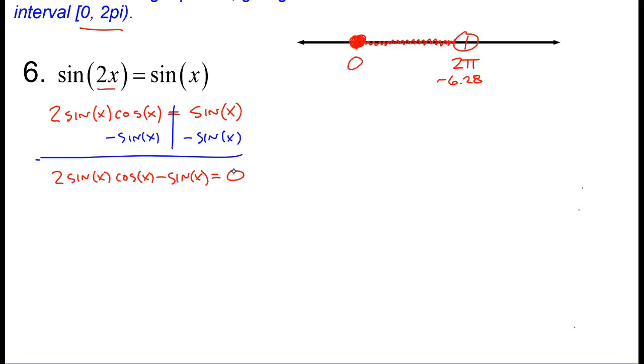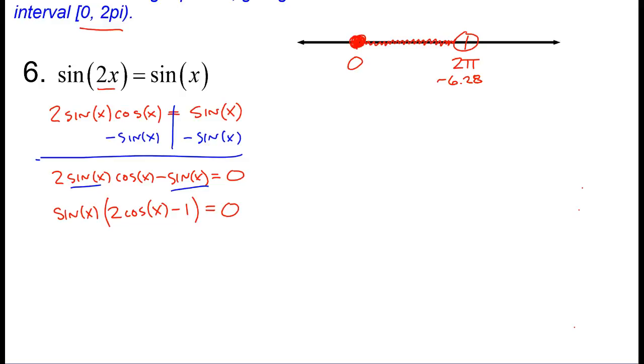That's good. Anytime we're trying to solve an equation, we want to have a 0 on one side because it gives us more tools for this situation. And what I see right away is that I got a sine x and a sine x. So I can factor out sine x. And I'm left with my other factor of 2 cosine x minus 1, all equals 0.